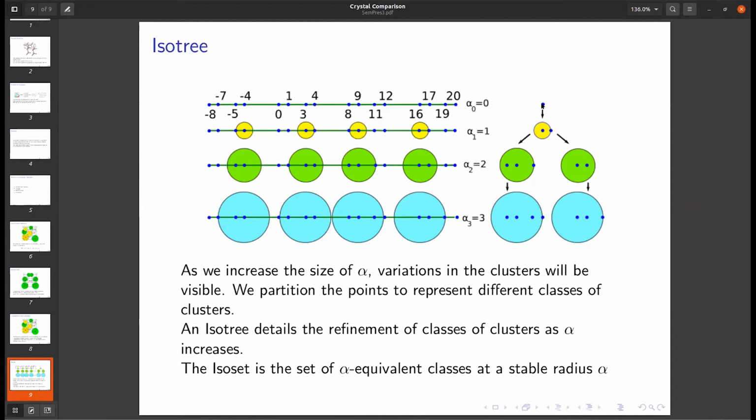There's just the one equivalence class. As alpha increases to 1, and we can think of this as a unit cell, every point has 1 and exactly 1 point within 1 distance here. So this atomic neighborhood is just these 2 points, and we can reflect it, but they're all equivalent. So there's still only 1 equivalence class.